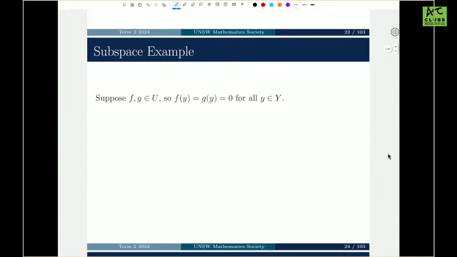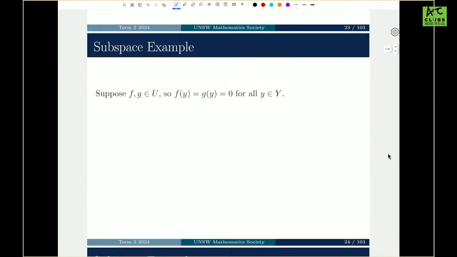Okay. So for that closure thing, suppose that f and g are in U. So that means this. Then (lambda f plus g) of y for any y in Y is just this.